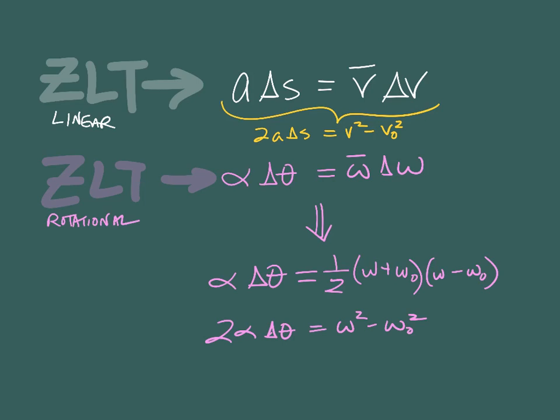Every physics textbook in the universe has these two versions of kinematics, linear and rotational kinematics. They don't pitch it in terms of the zeroth law theorem because I'm one of two authors of the zeroth law theorem, and I haven't authored any books yet, so it's therefore not in a book.